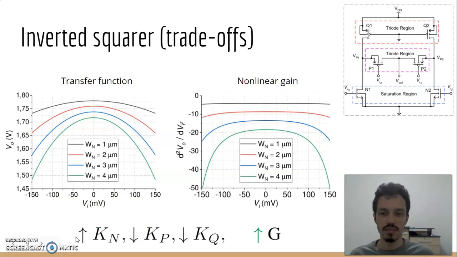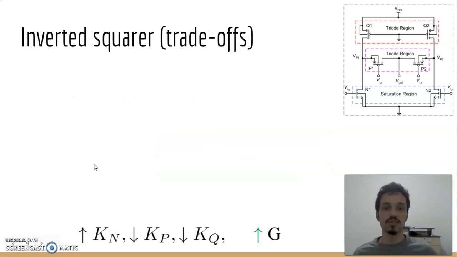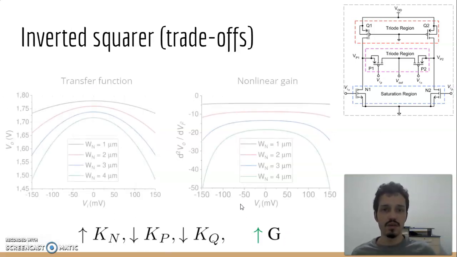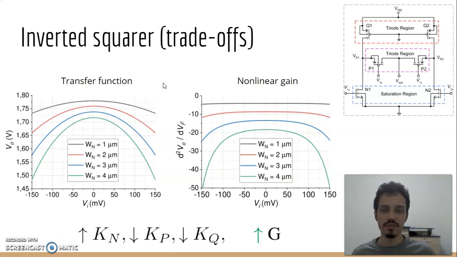To see this relationship between K and the gain in practice, we can plot the transfer function of the inverted squarer as well as its nonlinear gain.